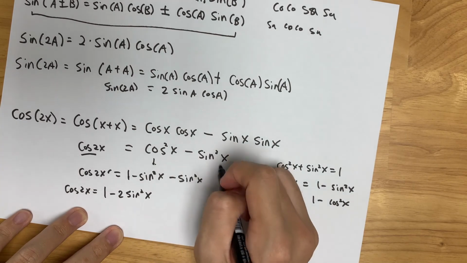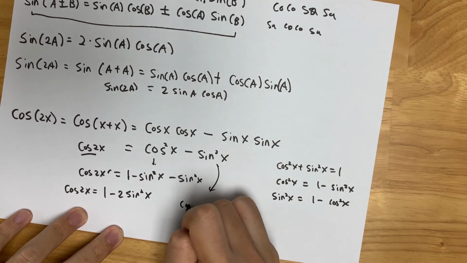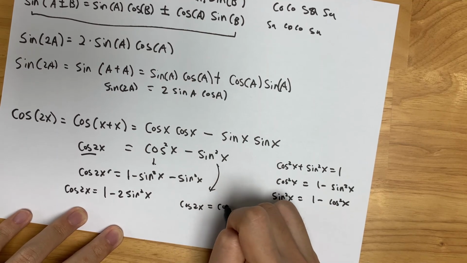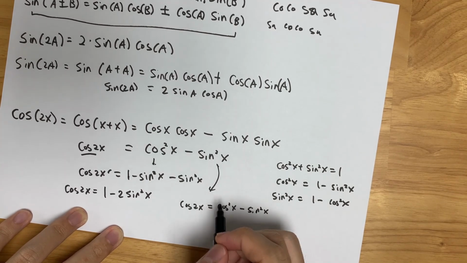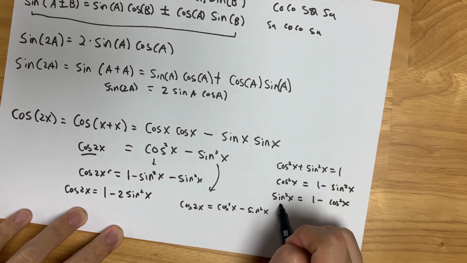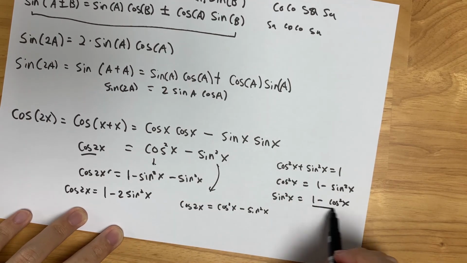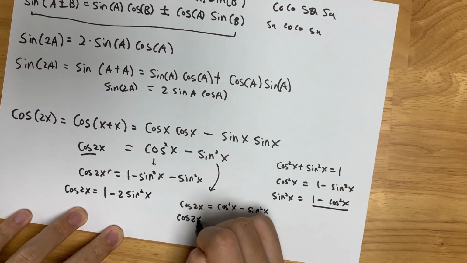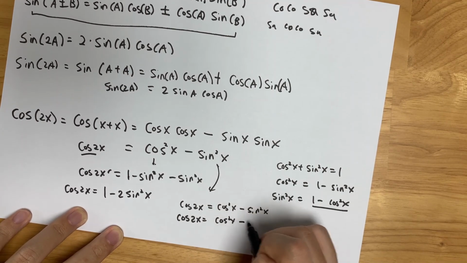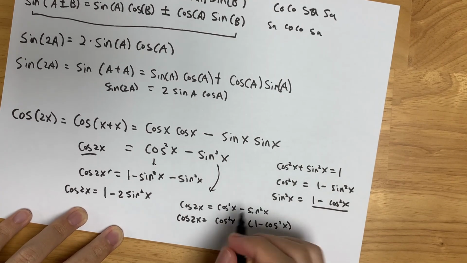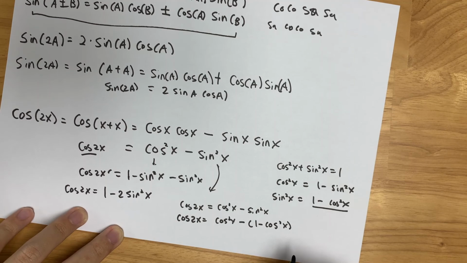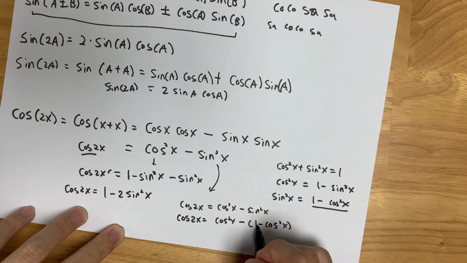Then, using the other one, I'm going to write this one more time. We did it for cosine squared, so we have to do this one. You subtract 1 here and add here.